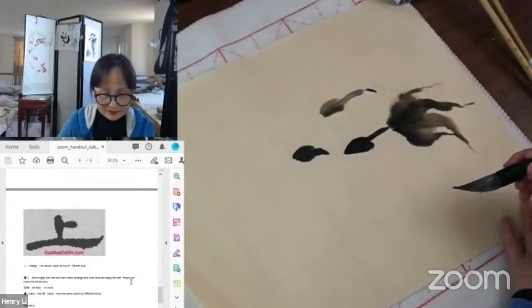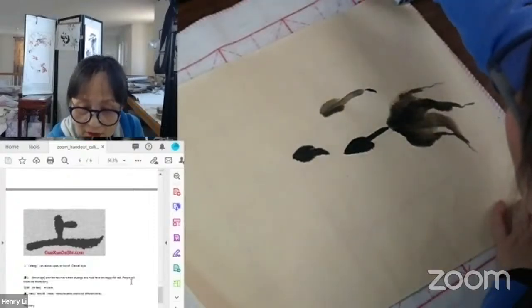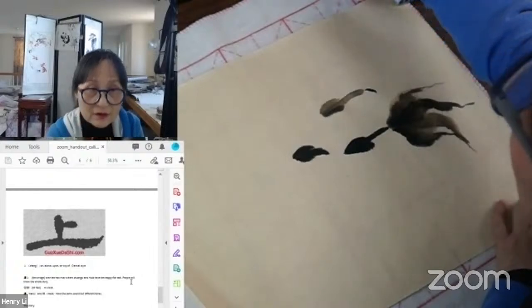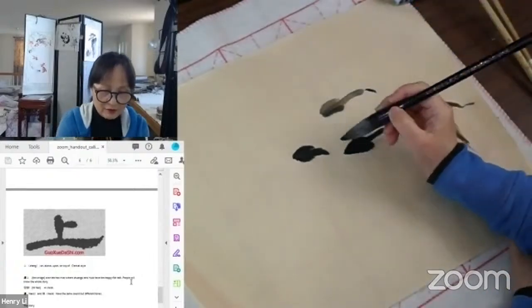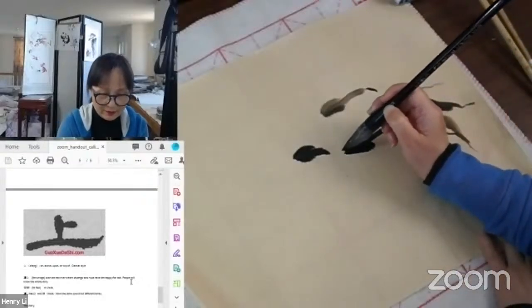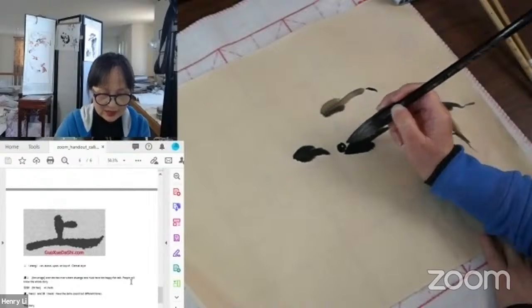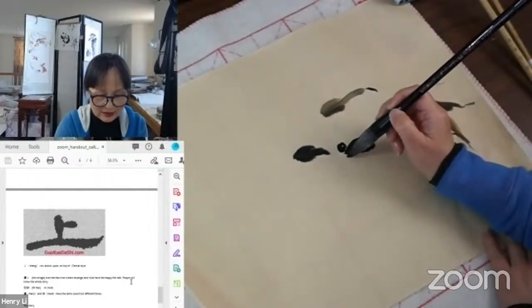And then here you circle, very big, but leave a little bit of space for the two eyes.